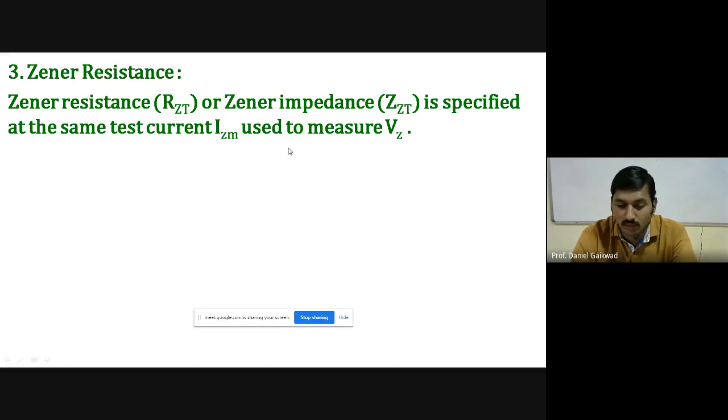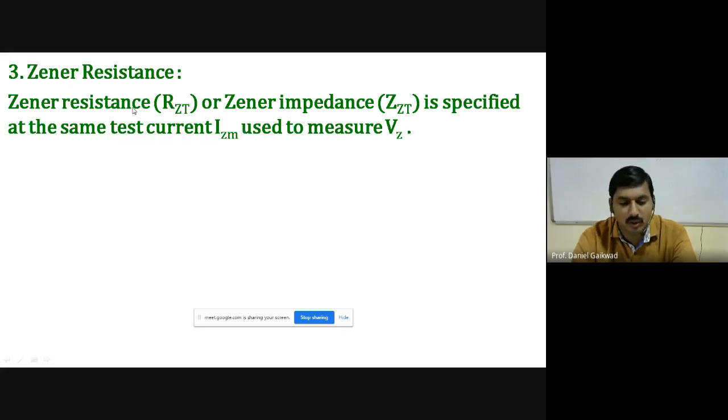So we have the test current IZM, and we measure VZ. Accordingly, from the voltage and current we obtain the resistance or impedance. That is called the Zener resistance.